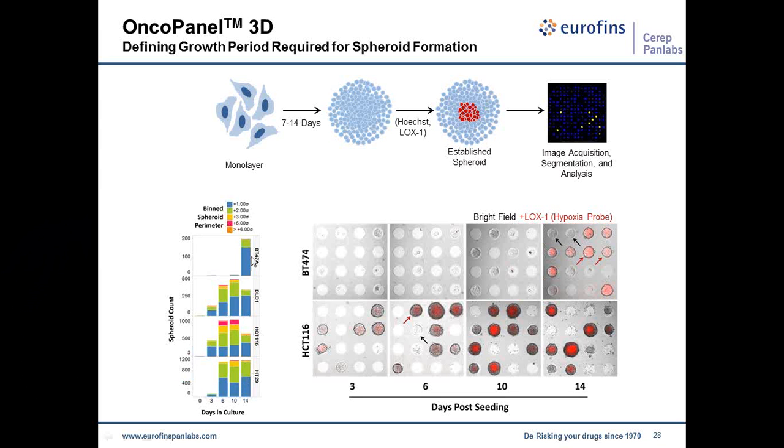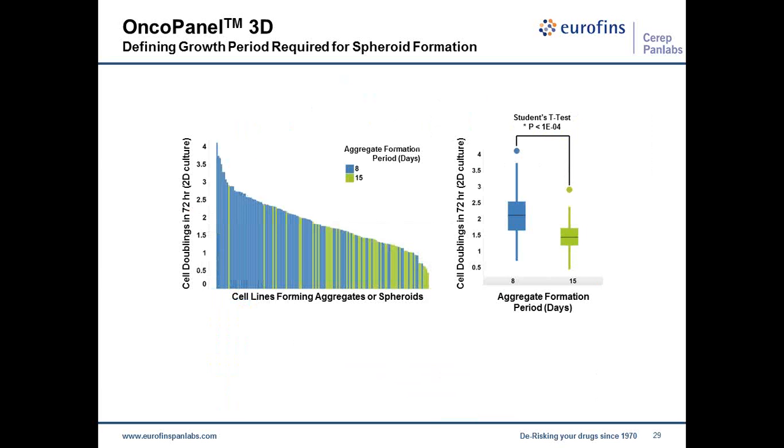It occurs really only after 2 weeks for BT474, and occurs relatively quickly, as soon as 3 to 6 days, maybe, for HCT116. And some representative bright field and fluorescent images are shown on the right. Again, just showing that hypoxia appears according to the same time schedule.